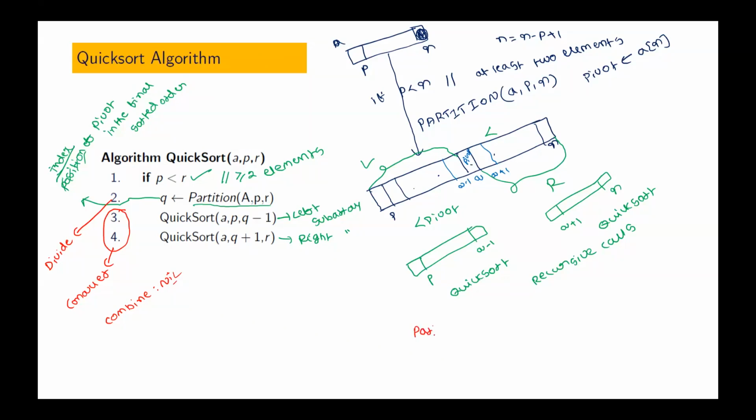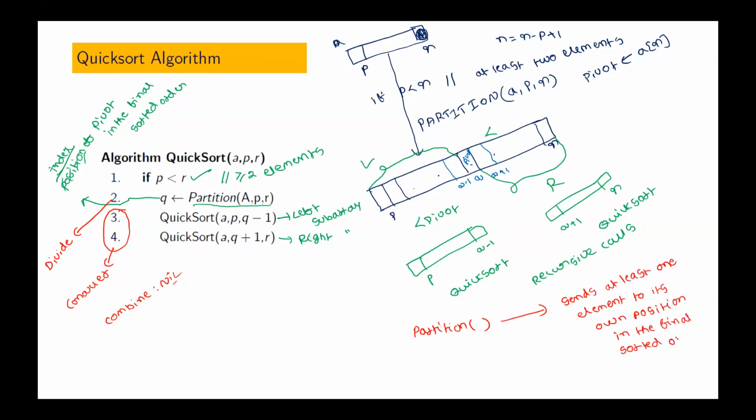So a call to the partitioning algorithm sends at least one element to its own position in the final sorted order. Is that okay?